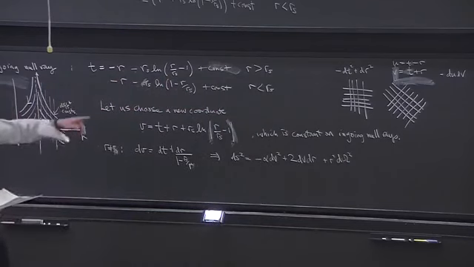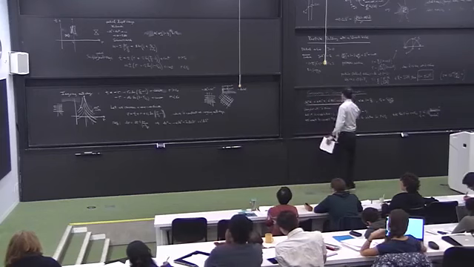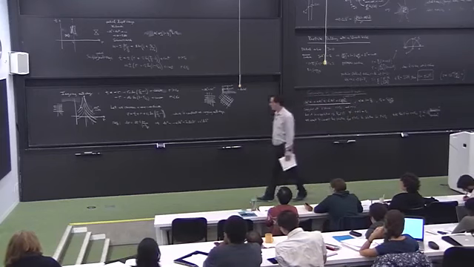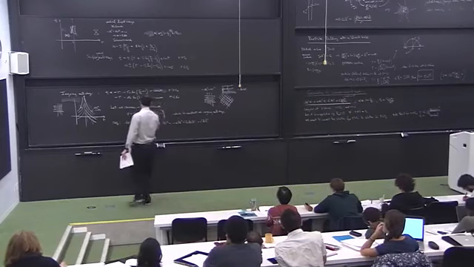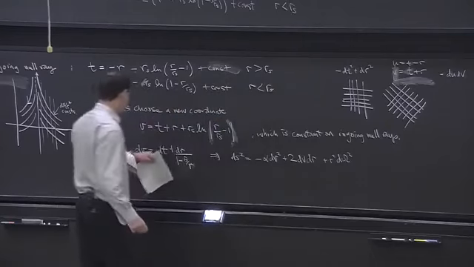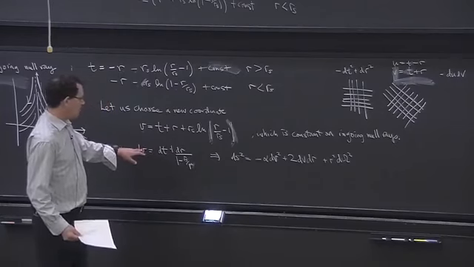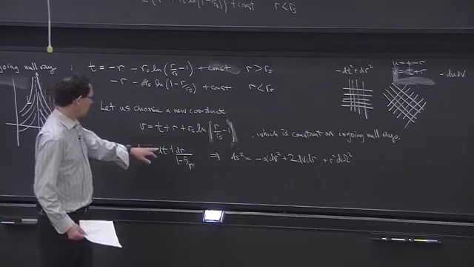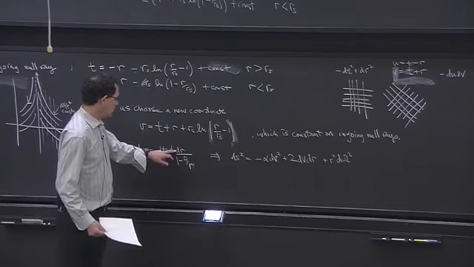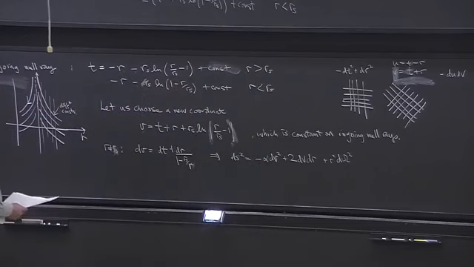To see that, just take this ds squared over here and compare it to this expression when I substitute in for dv.